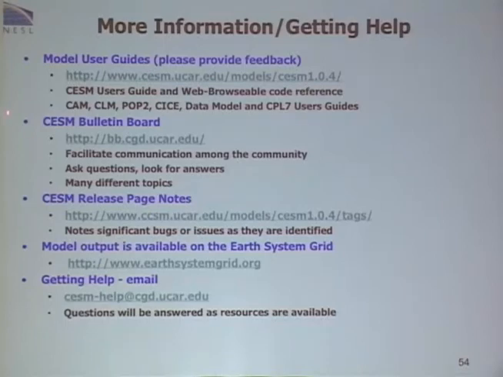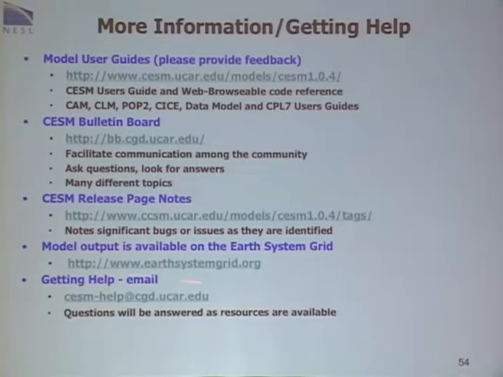We do have a bulletin board, which might be easier if you're trying to get general assistance, or you might be able to search there and find someone else who had the same problem as you. Our other main support line, and probably the one that has a faster response time, is our email line, which is mentioned here.